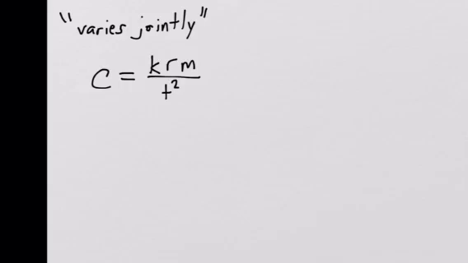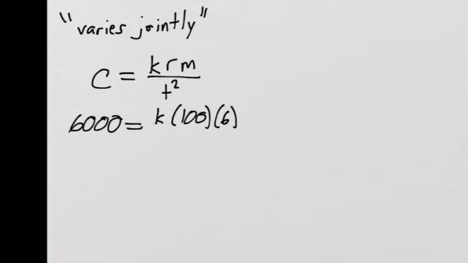And we're given that we get 6,000 dynes. K is the first thing we need to figure out, but we're given that we have a radius of 100 centimeters, and it's a 6-gram body, that we turn one revolution in 2 seconds.